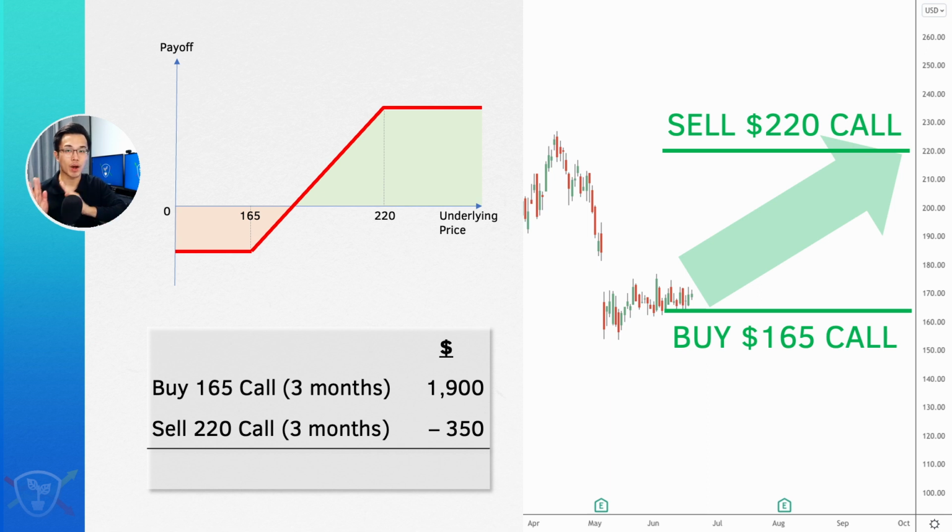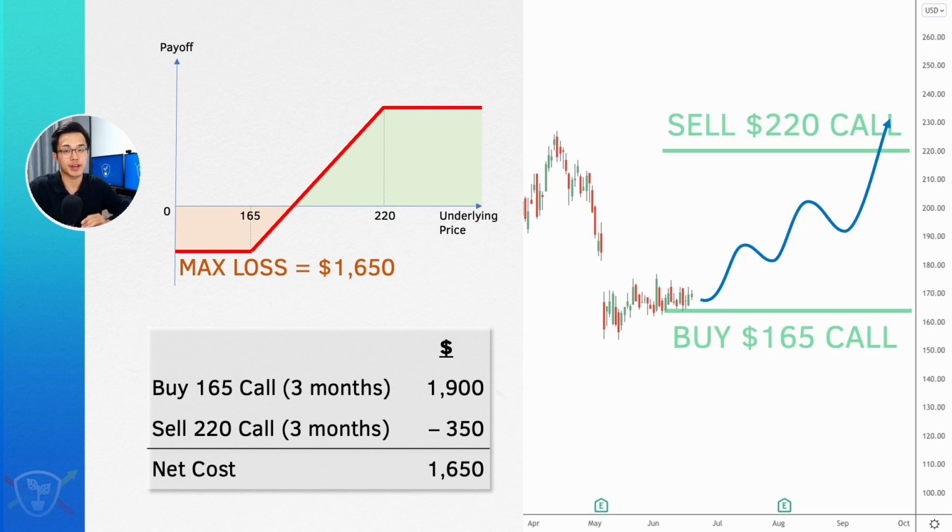So I paid $1,900 to buy the $165 call option, and I will receive $350 to sell the 220 call option. So all in all, my net cash outlay for this trade becomes $1,650. And that means that my maximum risk on my trade is now reduced to $1,650.